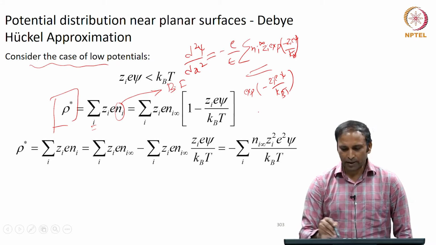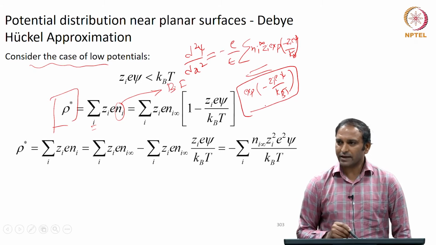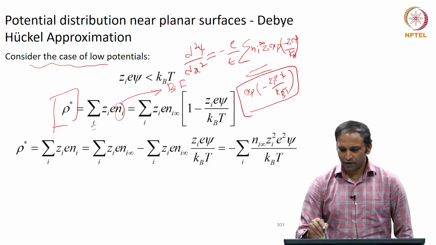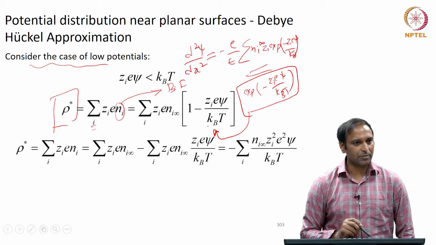Okay. So, the moment I say low potential, I can take the exponential term. Okay. For a low potential, I can write this as 1 minus Zi E psi divided by kBT.